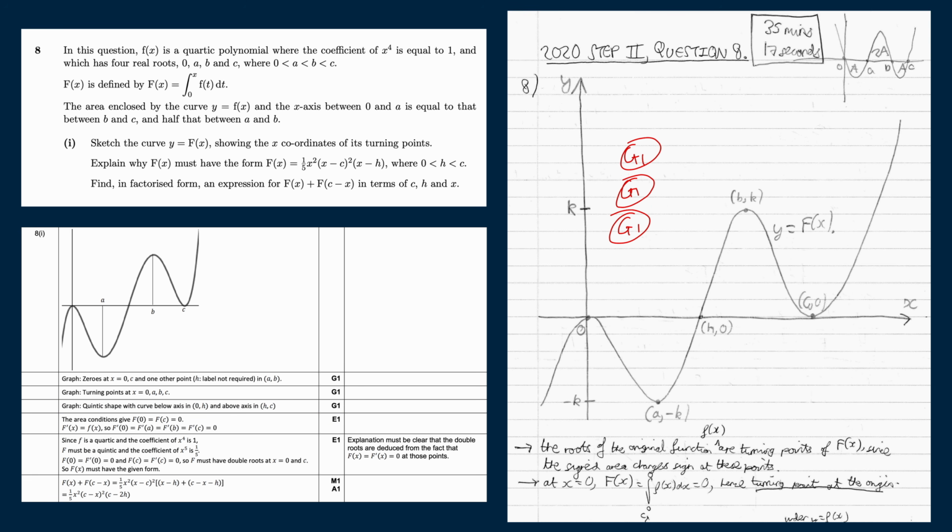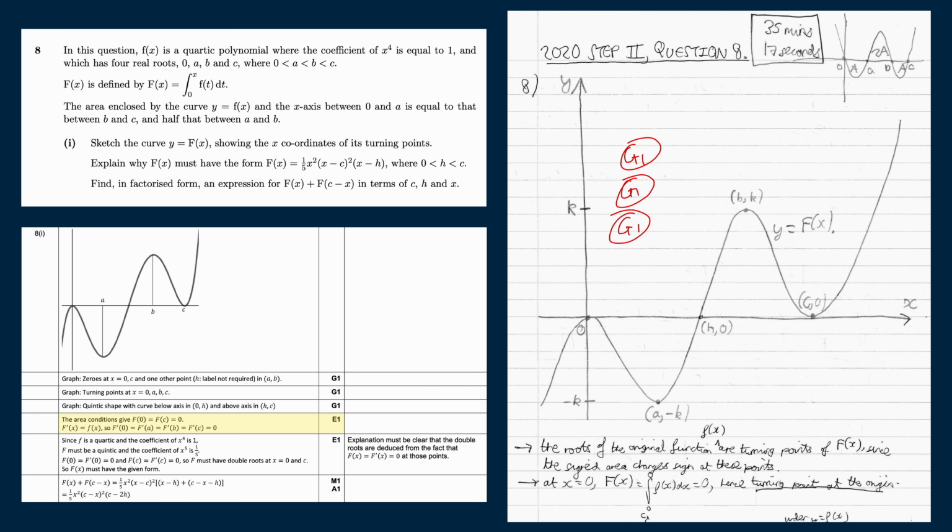So, still sticking with the graph, there is one more mark to be awarded, an E mark, for justifying the location of the turning points and the x-intercepts. This is really important to note.